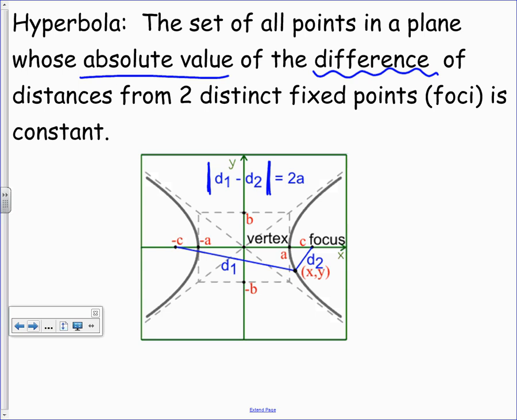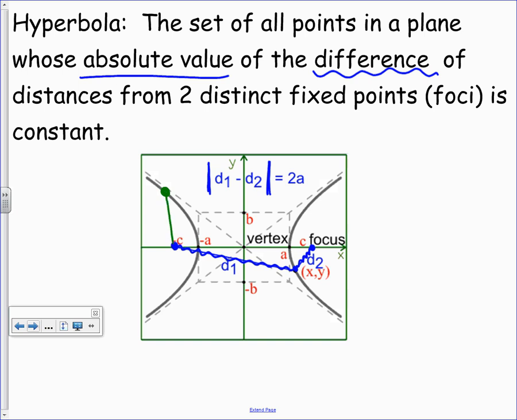Okay? So the deal is this. If I subtract this distance, which is D1, so here's a focus again, to a point on the curve, and then from the distance of that other focus to the point on the curve, that's some value. You can pick another point anywhere. Let's pick this green point.